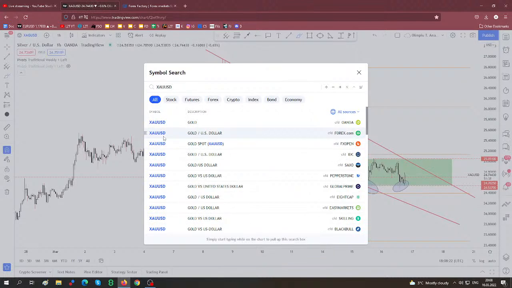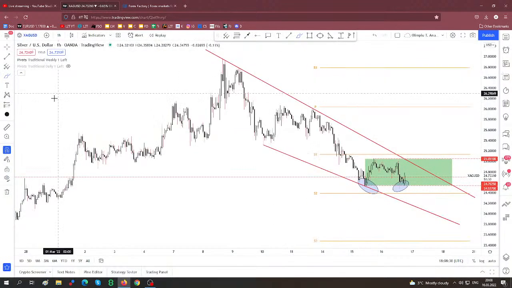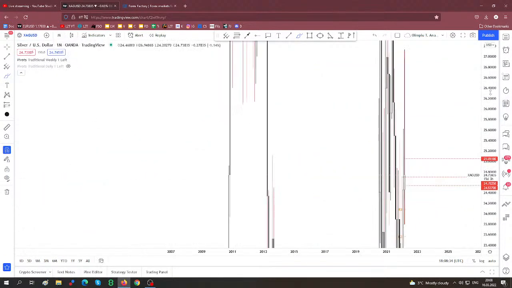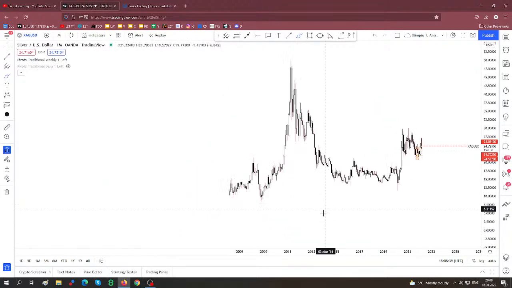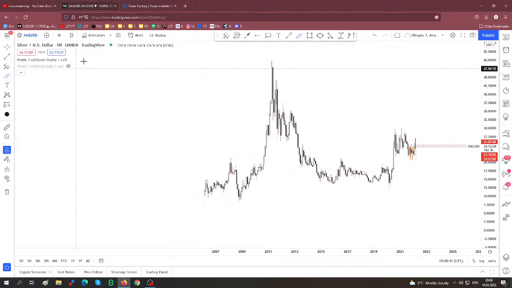Andy Smith asks what the silver all-time high price was, saying it is currently something like half the price of its all-time high. So let's take a look. I don't know. What I have here on TradingView on OANDA, it is something like this, maybe.